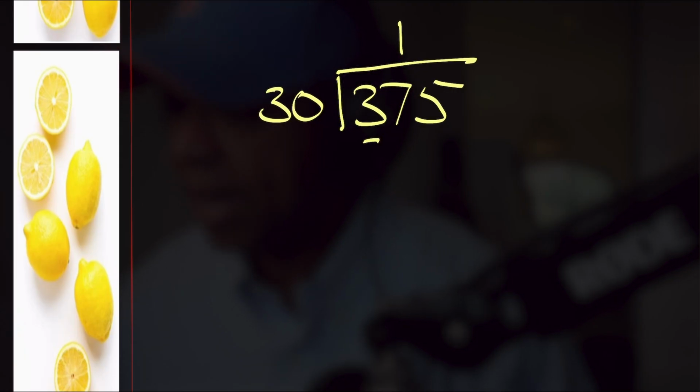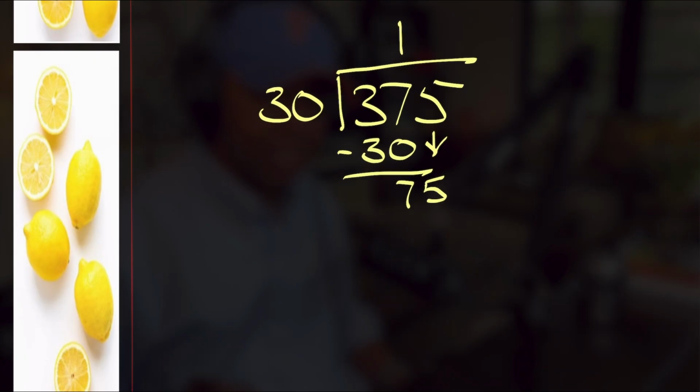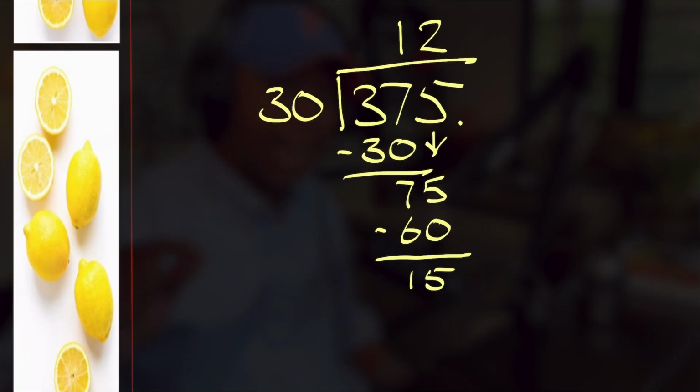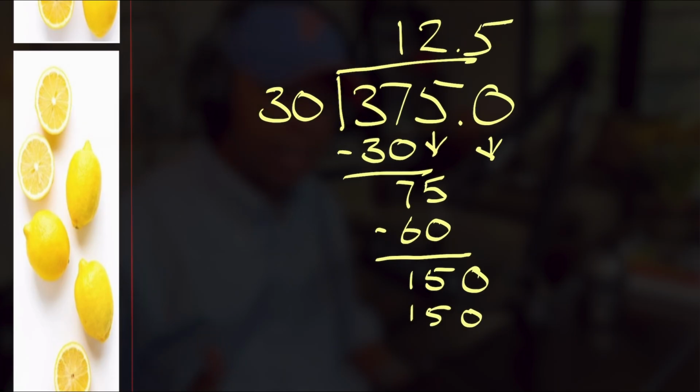When I bring down the 5, 30 goes into 75 twice, being 60. That leaves 15. Since I still have a remainder, I'm going to add on, or annex, a 0, not changing the value of the dividend. When I bring it down, 30 goes into 150 5 times exactly.